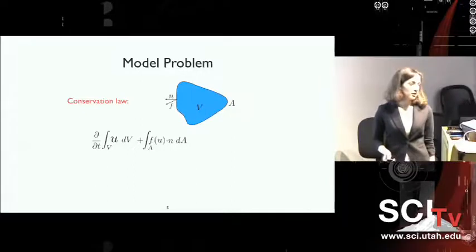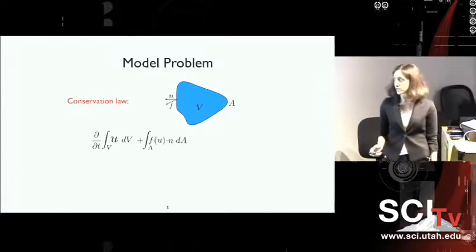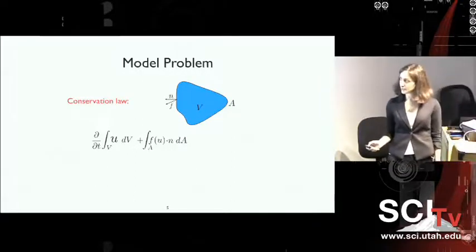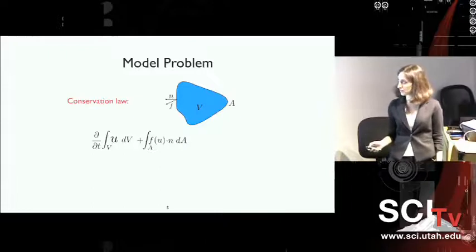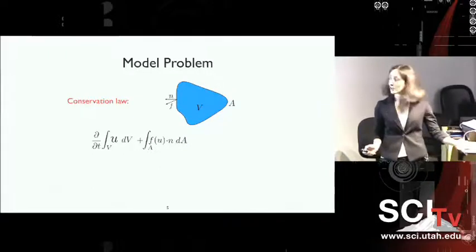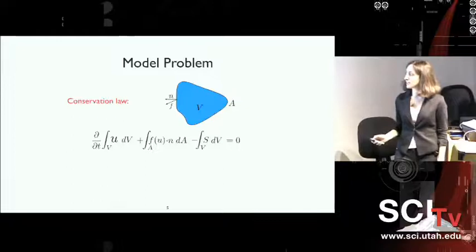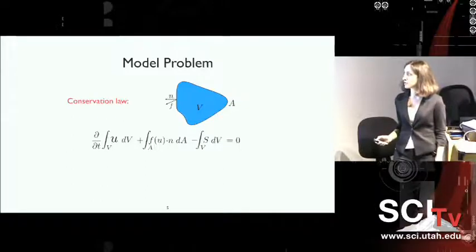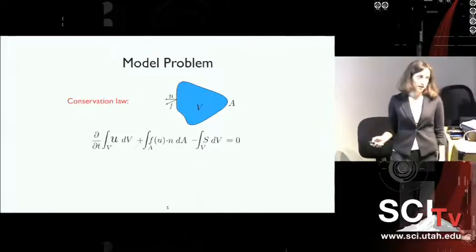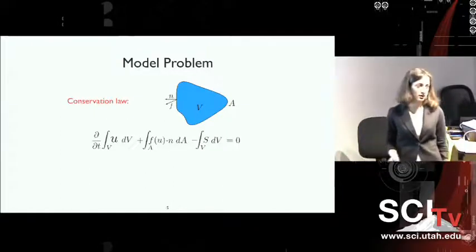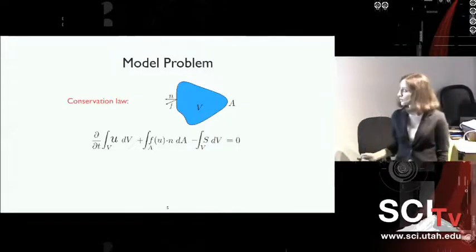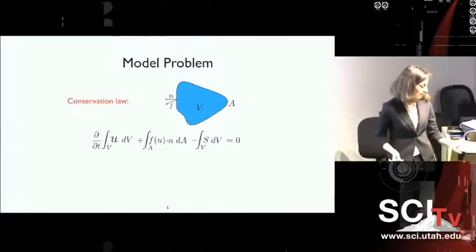So according to the principle behind derivation of the conservation law, the sum of these two terms should equal the rate of production of u within this volume that here I have denoted with S, which is also referred to as sink or source. For example, chemical reactions, heating or cooling, will give rise to this term.